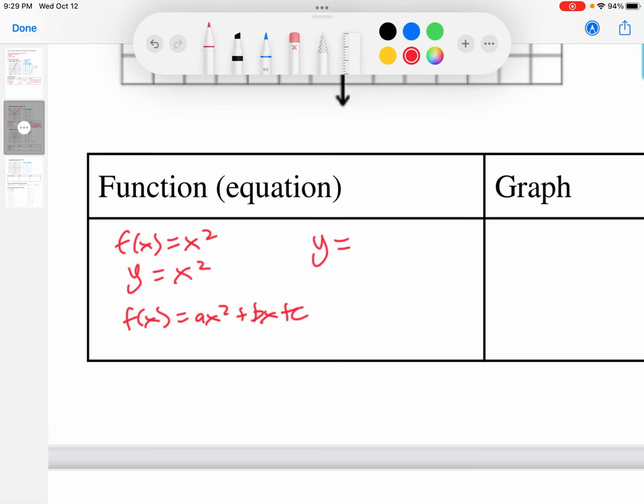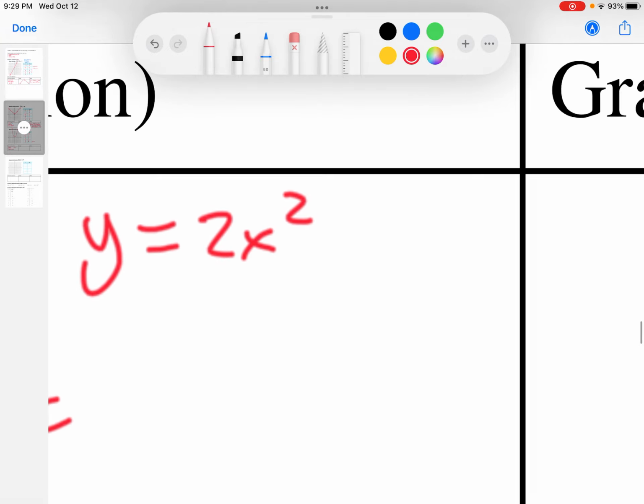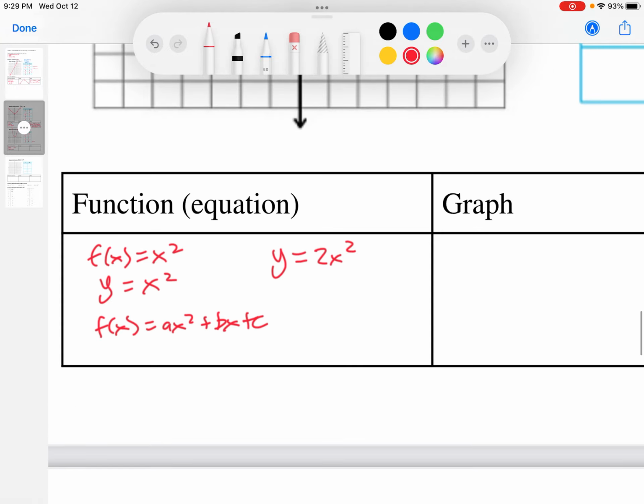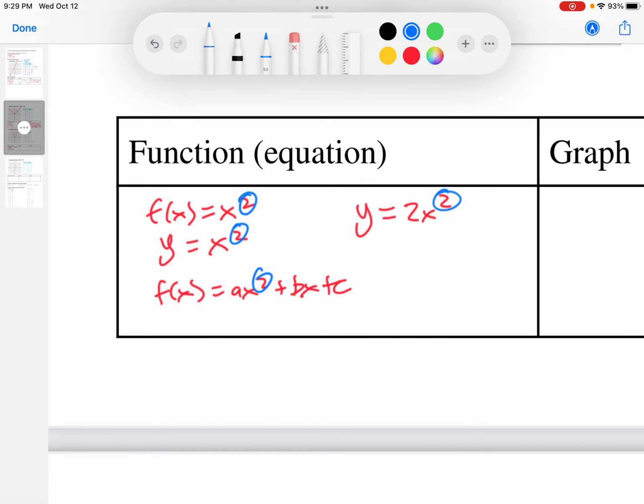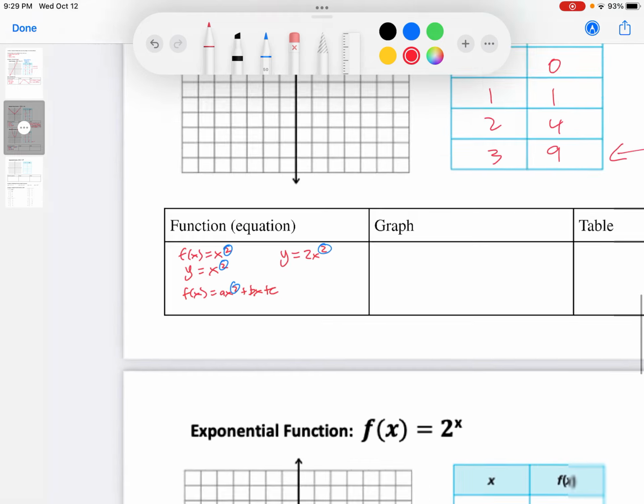It could literally be anything in the form of an equation or a function that has a variable of x taken to the second power. So you'll notice in every single one of these examples that I just wrote, every single one of them has an exponent of 2. 99.9% of the time in math, if you see an exponent of 2, generally speaking, you are talking about a quadratic function. So that's the giveaway that you'd be looking for.